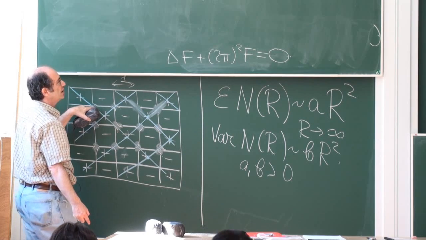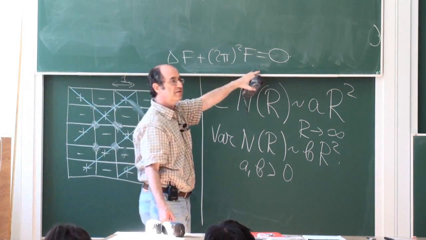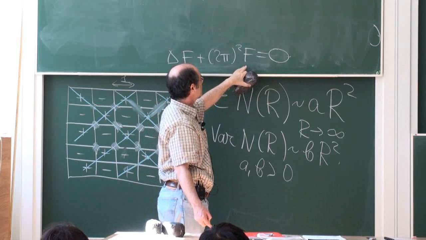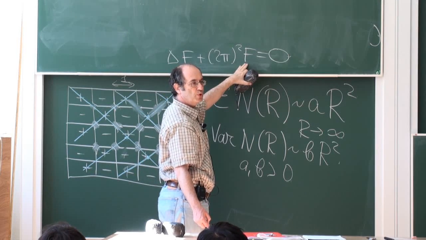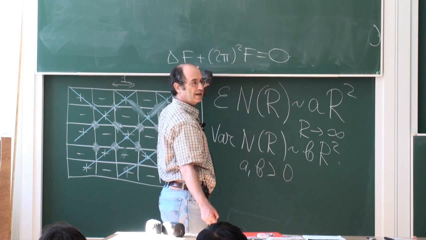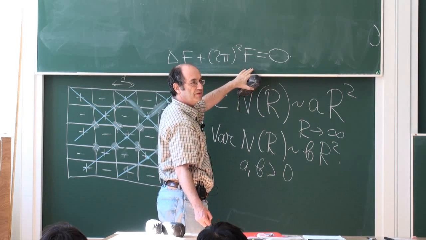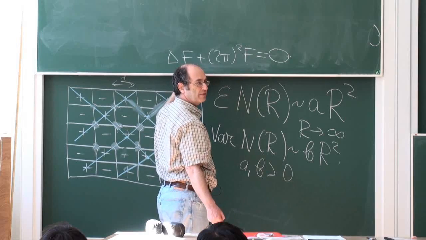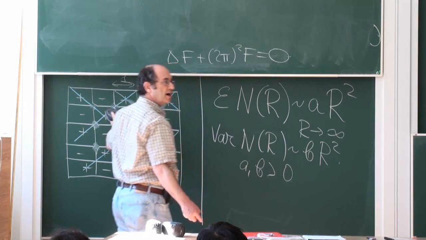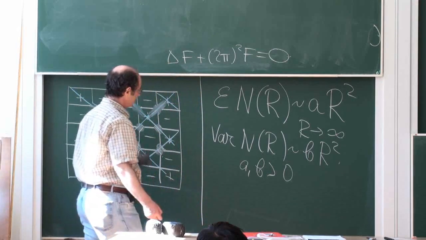So zero is a critical value. If you look at this equation, clearly you see that at the places where the function is positive, the Laplacian is negative, so the function may have only minima. At the places where the function is negative, f may have only maxima.